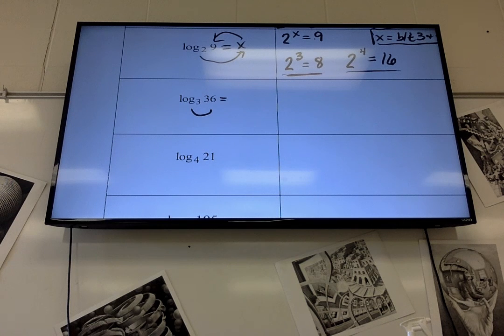Okay, so set that equal to x first. 3 to the x equals 36. You can't break down 36 into nothing but 3's. That'll break down into 2's and 3's. So let's figure out 3 to the what and 3 to the what 36 is between.